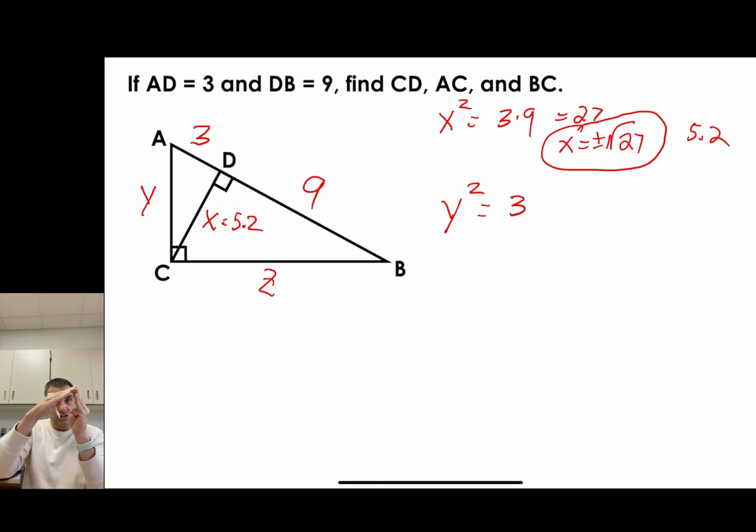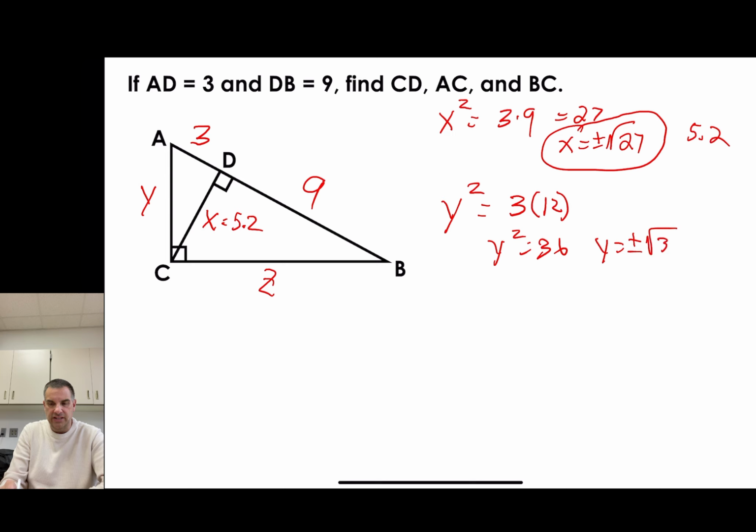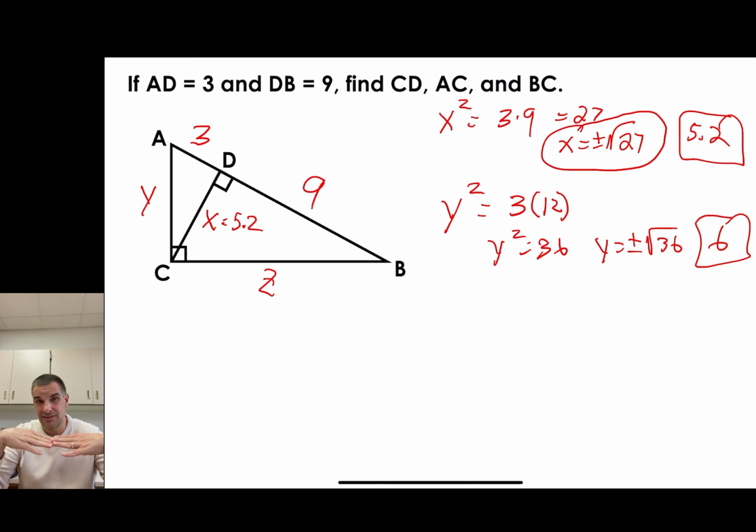So the part is 3, the whole is 3 plus 9, which is 12. So y squared is going to equal 36. So y is equal to plus or minus the square root of 36, which is just 6. And why am I putting 6 and not plus and minus 6? Because we're talking about sides of triangles. They can't be negative.